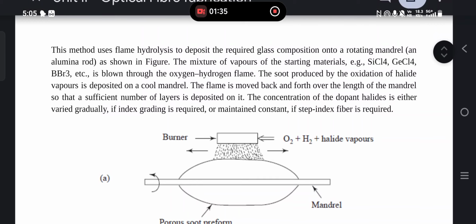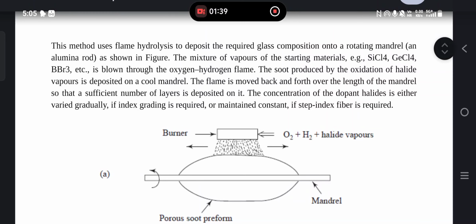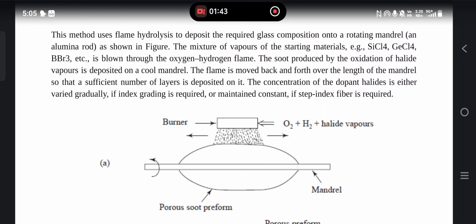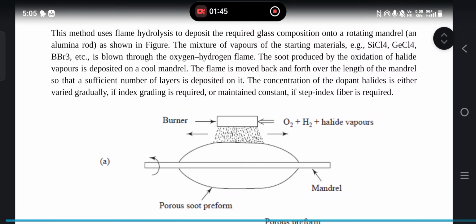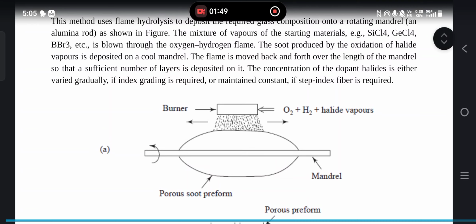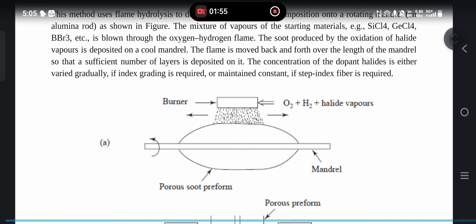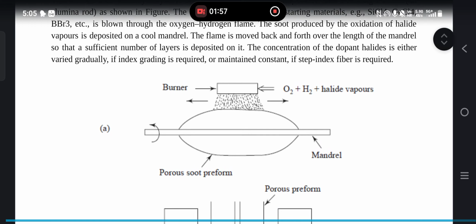So this is the mixture of the vapors of the starting materials, SiCl4, GeCl4, BBr3, etc., blown through the oxygen hydrogen flame. The soot produced by the oxidation of halide vapor is deposited on the cool mandrel.